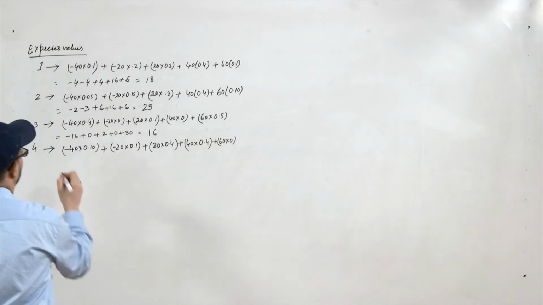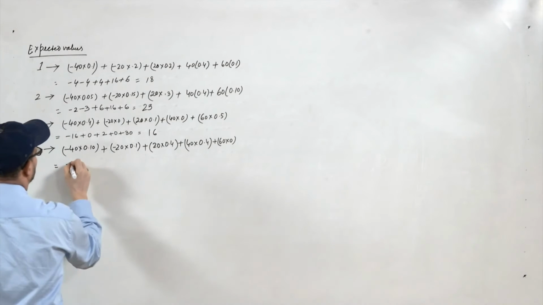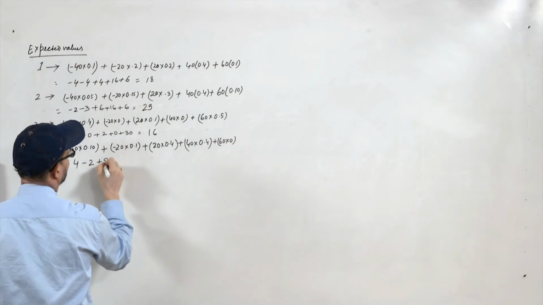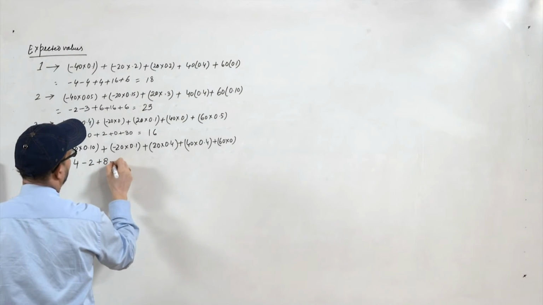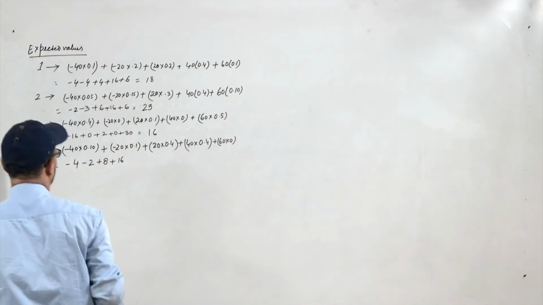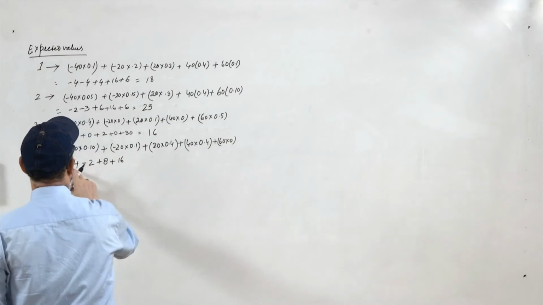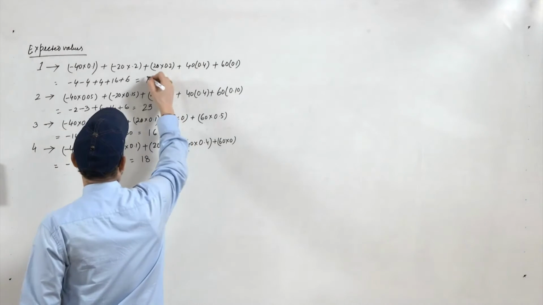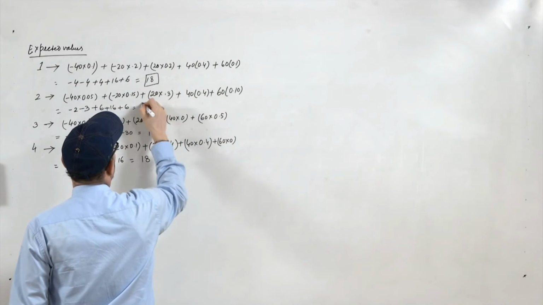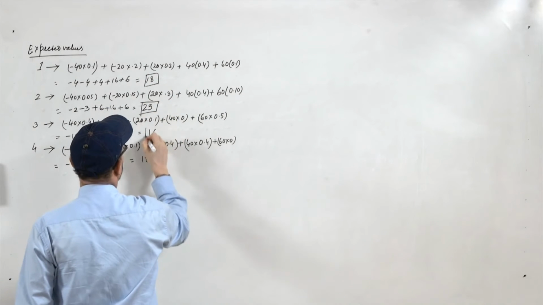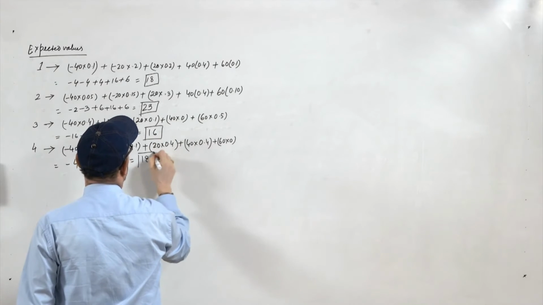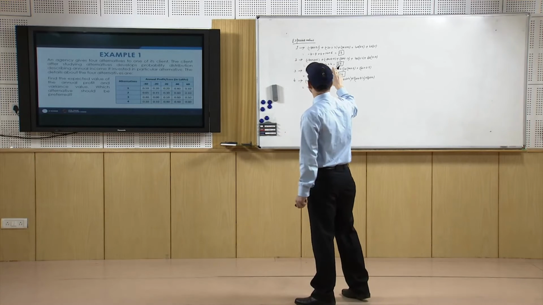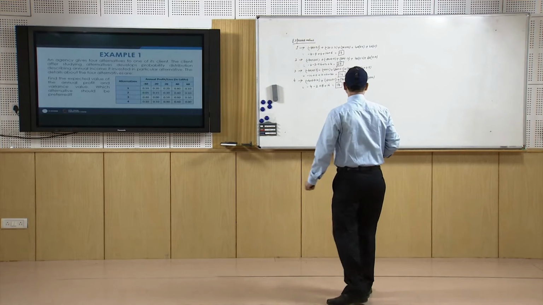So, this will be equal to minus 4 minus 2 plus 8 plus 16. So, 24 minus 6, that is 18. So, these are the values of the mean or expected values when we take the probability values into account, for the 4 alternatives.